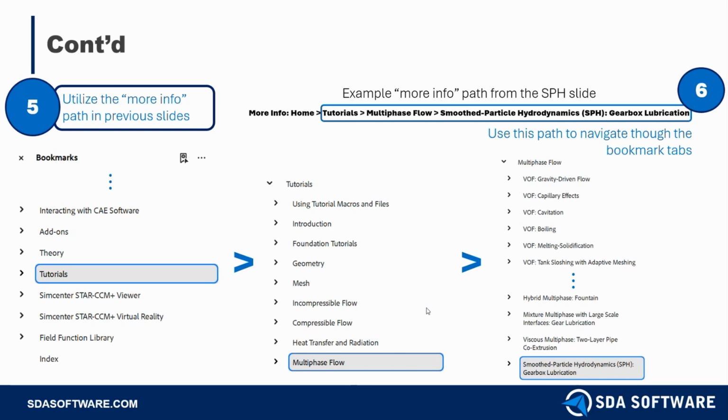And then you just click through each part of that more info path after the home part. For example, using the SPH as well, you click on tutorials, then you expand the tutorial tabs, you click on the multi-phase flow tab, you expand that, and then you can find the smooth particle hydrodynamics gearbox lubrication tutorial right there. You click on it, and it'll bring you to the similar page you saw before for the tutorials, but just in different layouts.